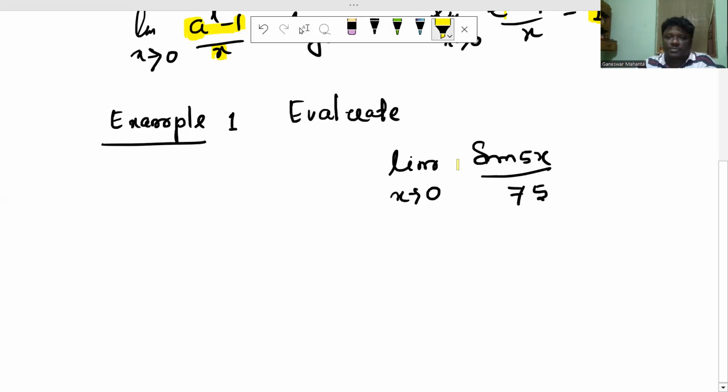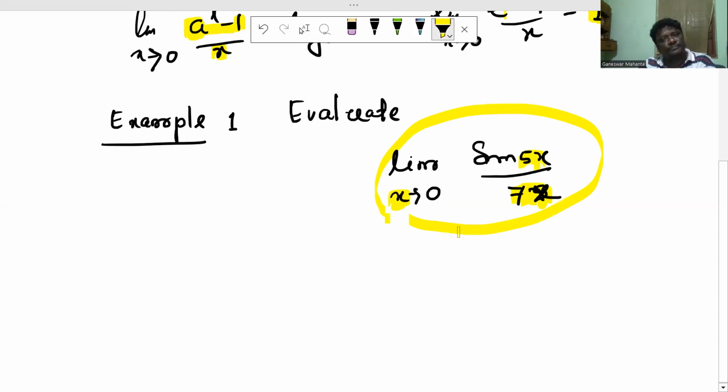We already discussed that if this value and this value and this value are the same, then the value is 1.